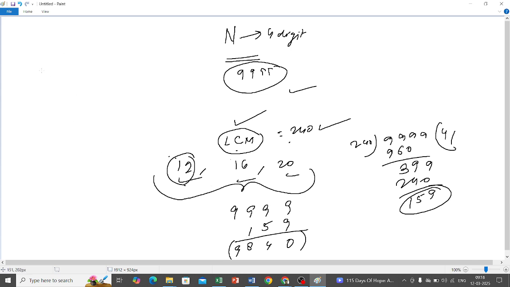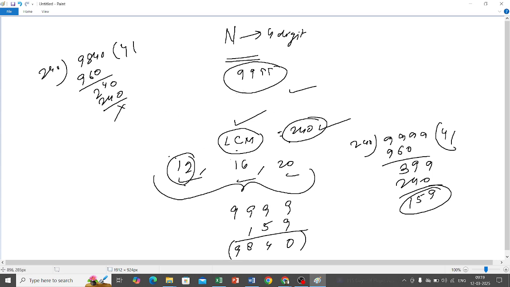Now divide 9840 by 240. You see it becomes perfectly divisible. 9840 becomes perfectly divisible by the LCM. That means 9840 is the largest 4-digit number which will be divisible by 12, 16 and 20 as well.